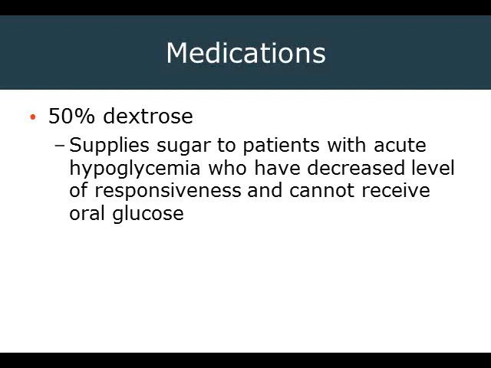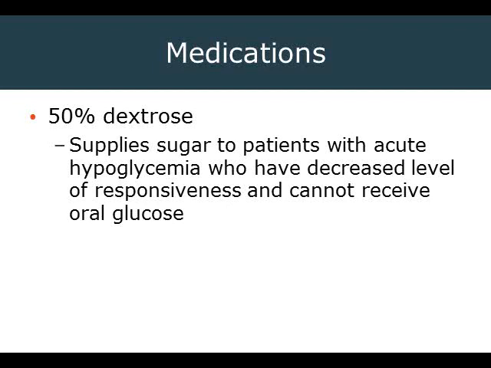The pediatric dose is half a gram per kilogram of a 25% solution for basically school-aged kids. Most adolescents will probably just get the D50. If they're very, very small, if they're an infant or a neonate, we can give them a 10% solution, and we'll give them that same half a gram per kilogram, just more diluted.